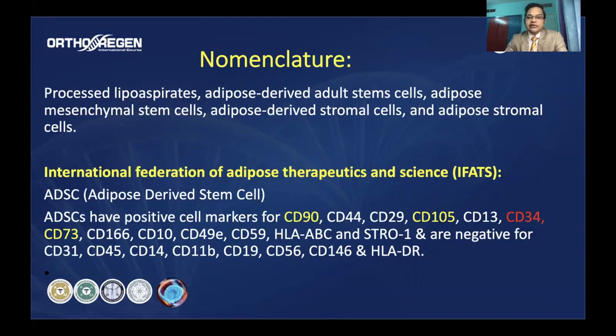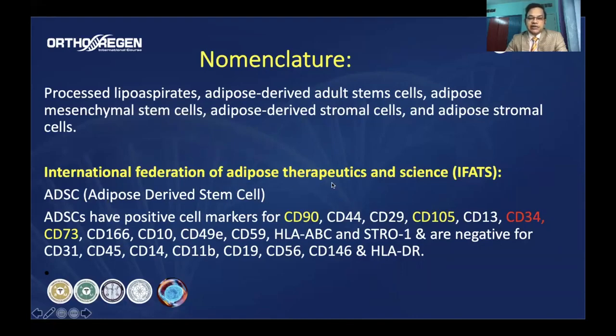If you see the literature or the material about regenerative treatment, we come across all kinds of stem cell terms, starting from processed lipoaspirate, adipose derived adult stem cells, adipose derived mesenchymal stem cells, or stromal cells.